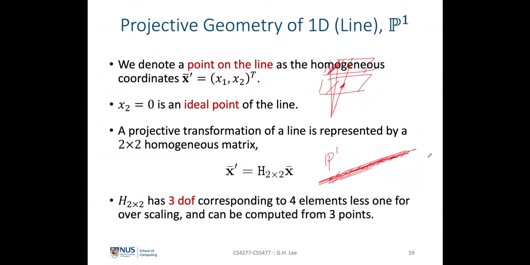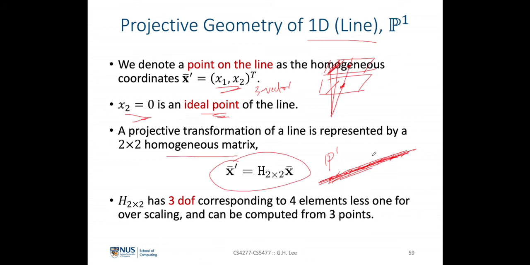Hence, the projective geometry in 1D would define points and lines. And we'll do the same here, except that in the 1D projective space, instead of a 3-vector, we now have a 2-vector to represent the points as homogeneous coordinates. So we will have x1 and x2 here. And when x2 equals 0, that means this is an ideal point on the line, a point at infinity on the 1D space.